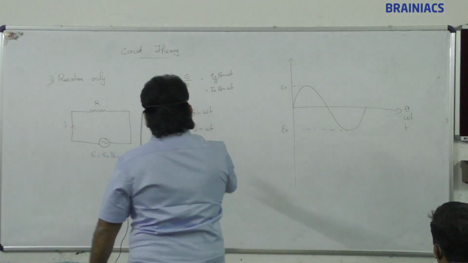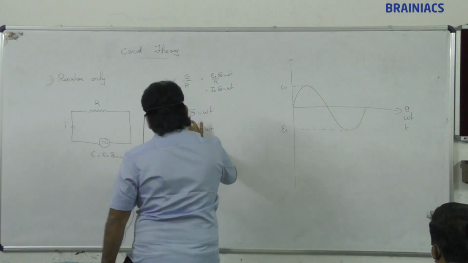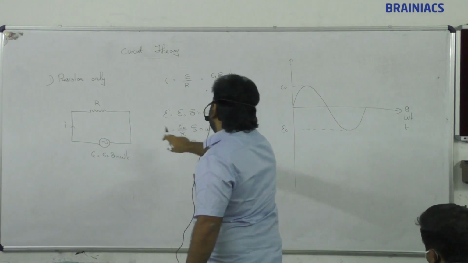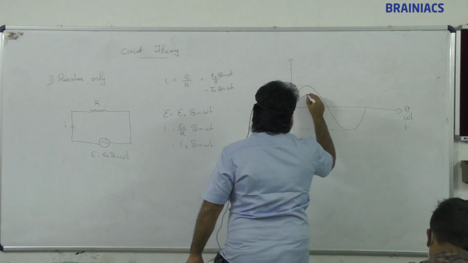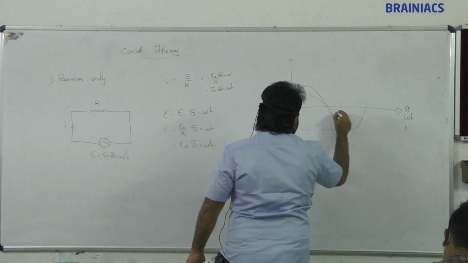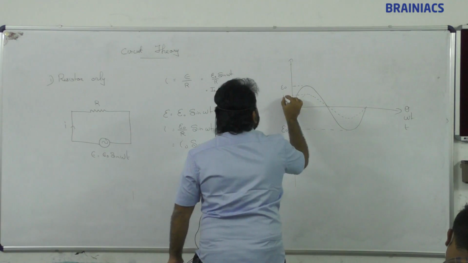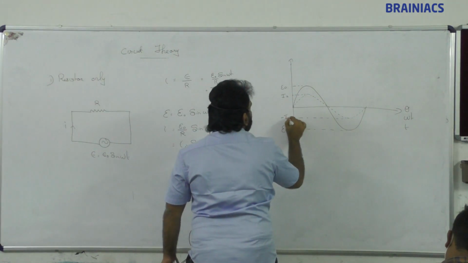What happened to I? I also will follow the same pattern, but here amplitude alone is changed. Since we have divided by R, we will take a smaller amplitude. So this is going to be I naught, and this is minus I naught.